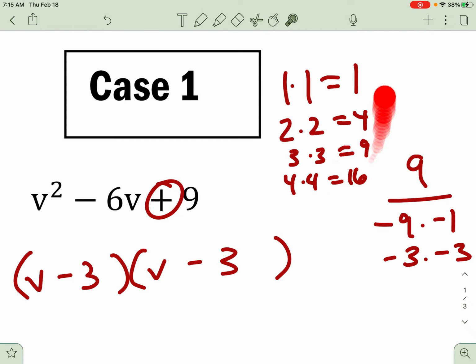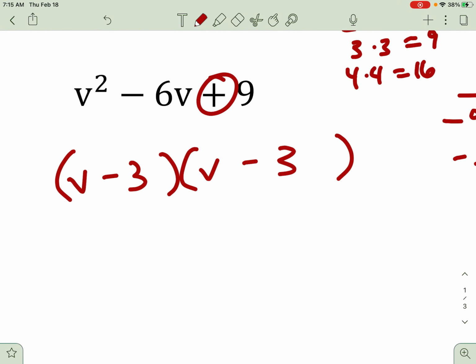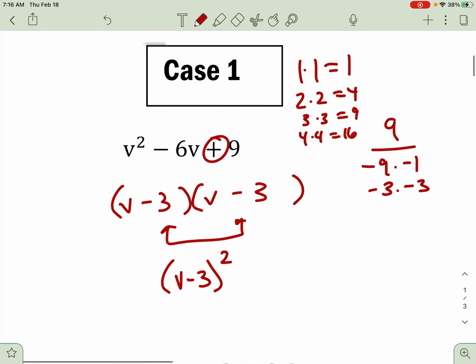So these are all perfect squares. If you see that the last term is a perfect square and the first term is a perfect square, there's something to do with the middle term that's going to allow us to look at it this way. Now, since they're the exact same parentheses being multiplied together, we can write it as v minus 3 squared.